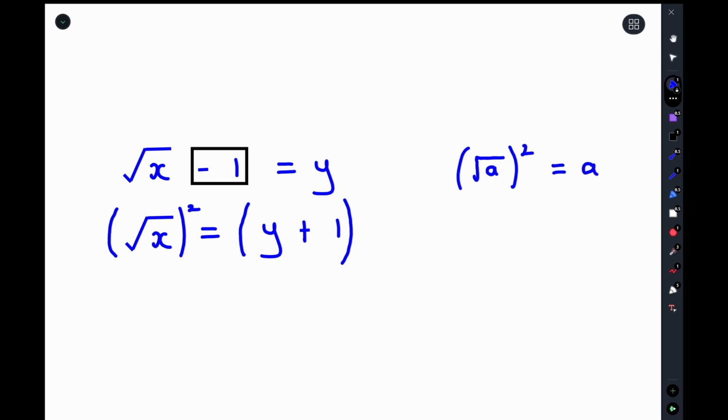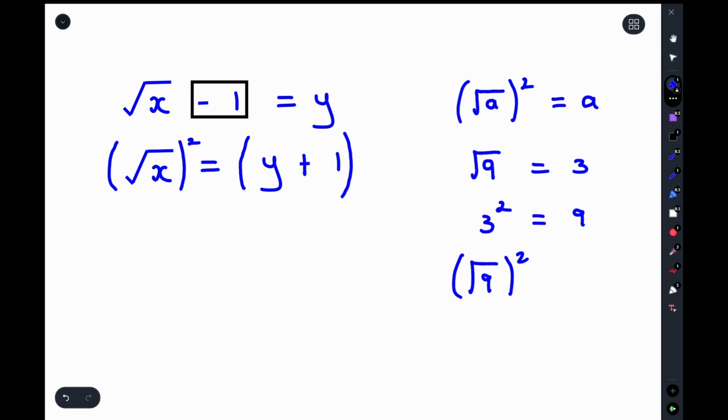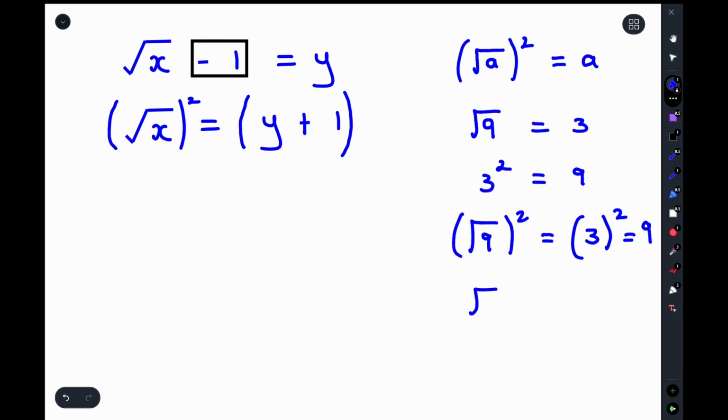So for example, the square root of 9 is 3. Okay? 3 squared is 9. So the square root of 9 squared is the same as 3 squared, which is 9. Again, the square root of 10 squared will give us the term in brackets, 10.